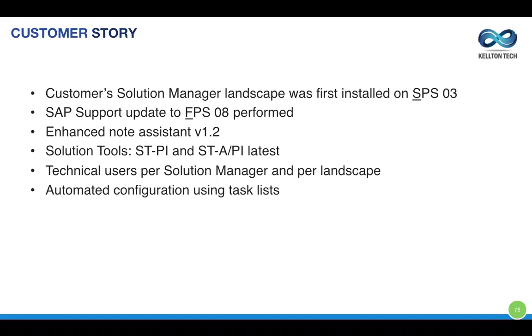We waited long enough to get to support pack stack 8, which got released end of last year. We did support pack stack 3 when we initially did the installation, but after that, recently we did a feature pack stack 8. To make it simpler, we can call it support pack stack 8, but SAP has changed the naming conventions and it's called feature pack stack 8.